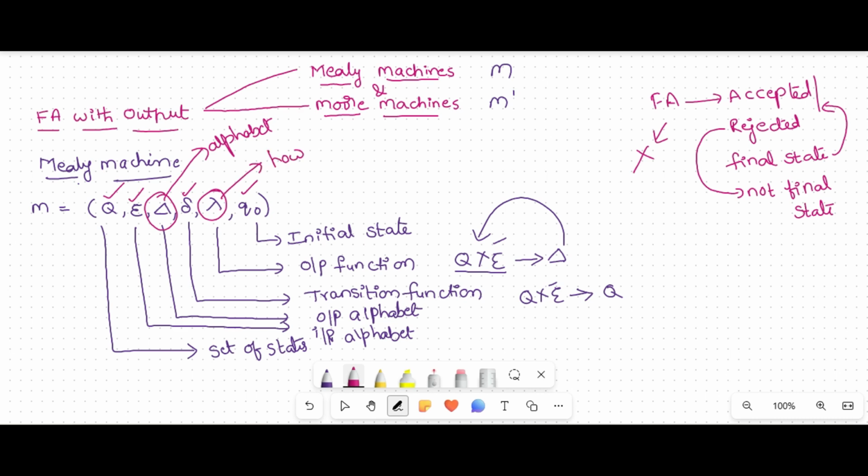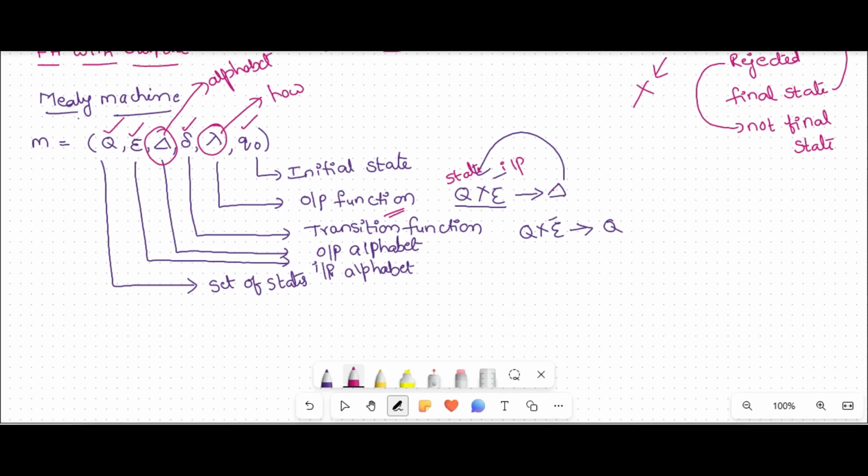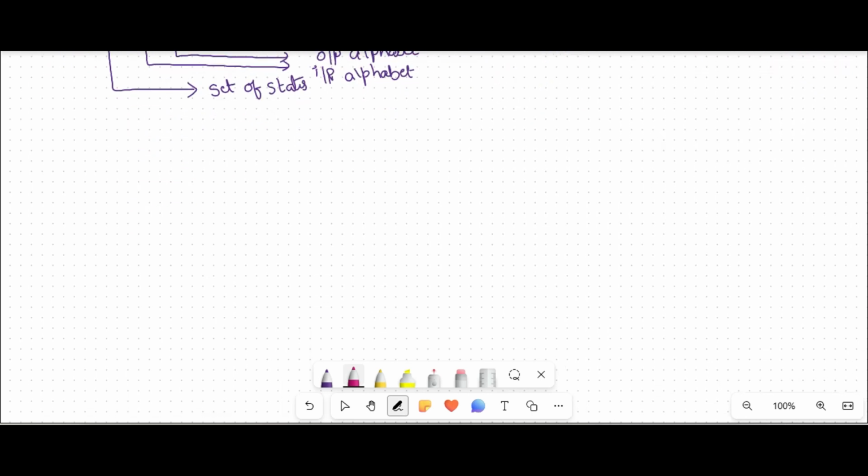That means this is the output function. The output depends on both the present state and the input symbol. If you understand this, then it is easy to understand Moore machine. Moore machine also has the same 6 tuple representation. So first we will complete the Mealy machine. That is just the 6 tuple mathematical representation of a Mealy machine.